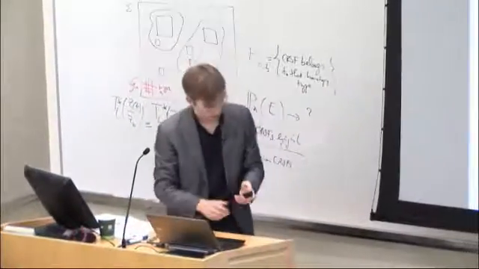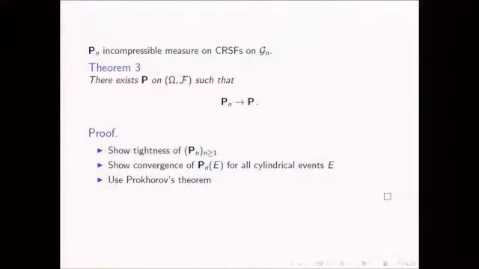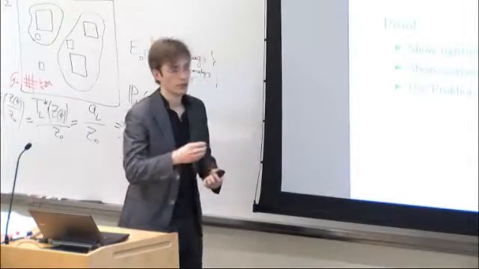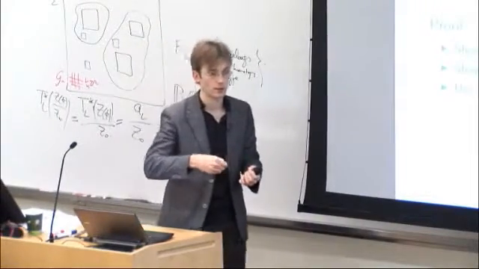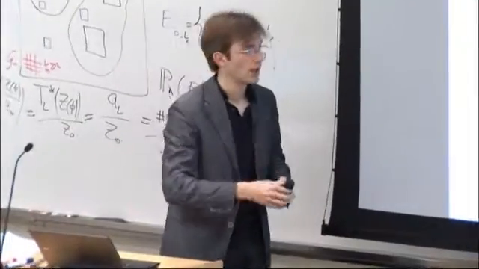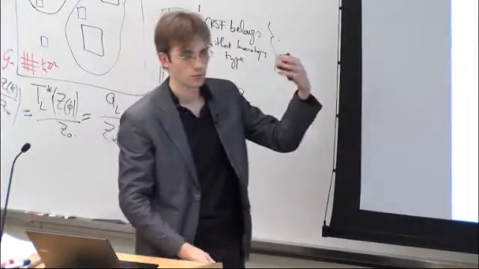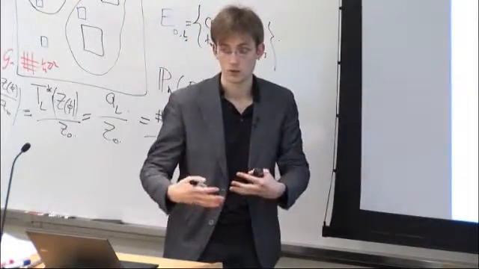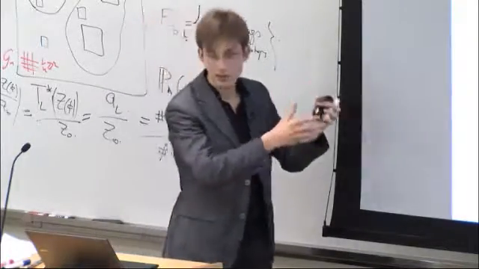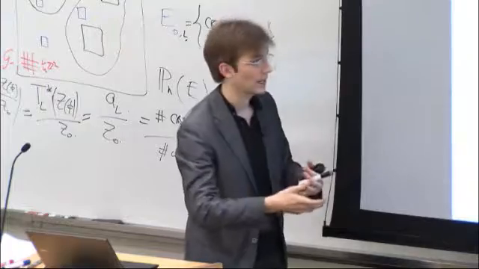Now let me say just a word about the first, tightness. Tightness essentially means showing that the curves remain simple and that they don't have, for example, double points. This relies on previous work about the loop-erased random walk, because as I explained in the beginning, these CRSFs can be sampled by means of Wilson's algorithm.